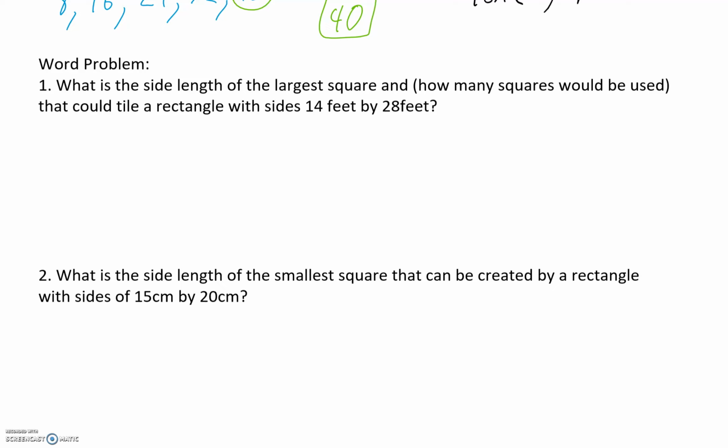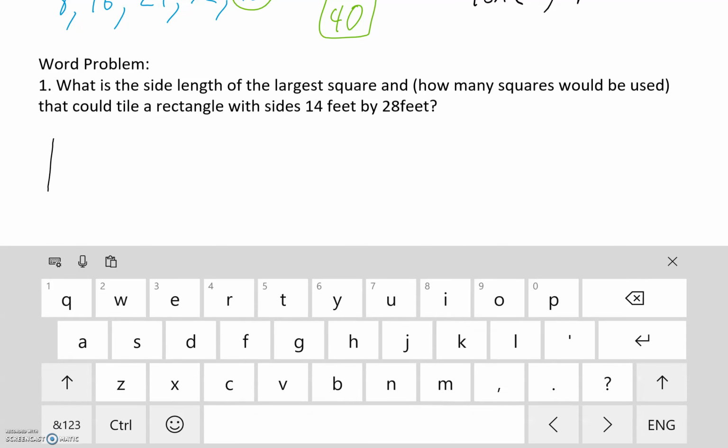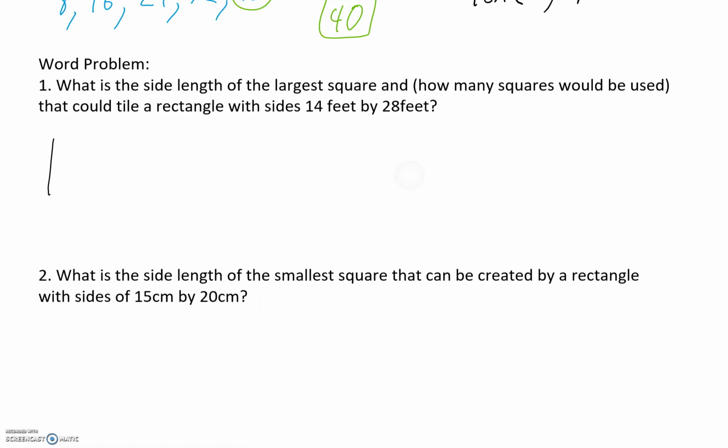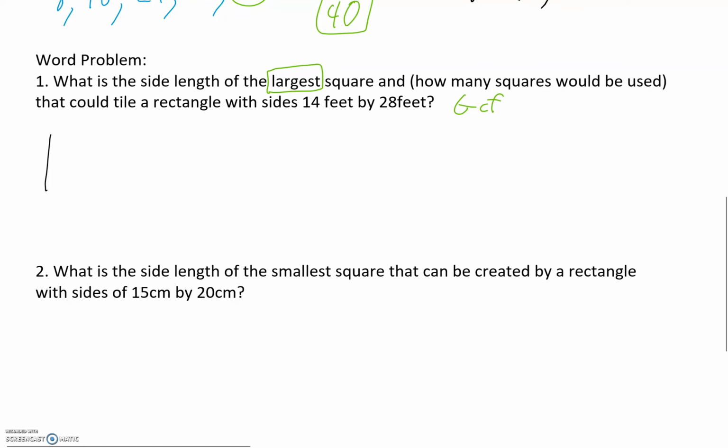So what's going on here? The key word here is largest. If it tells you largest, you're probably using greatest common factor. Let's just take a look at what this kind of looks like.